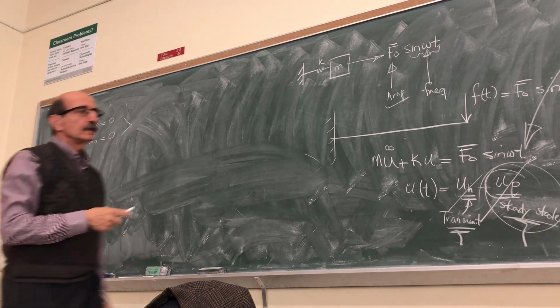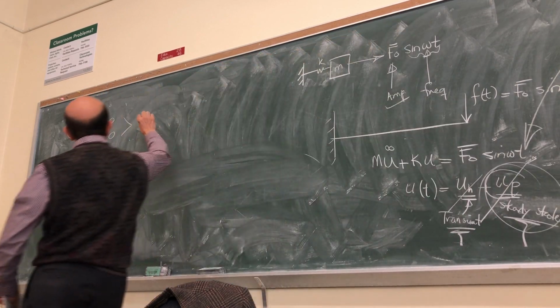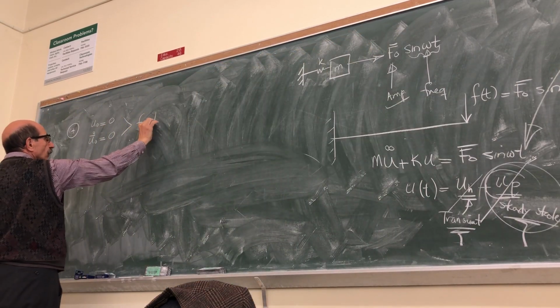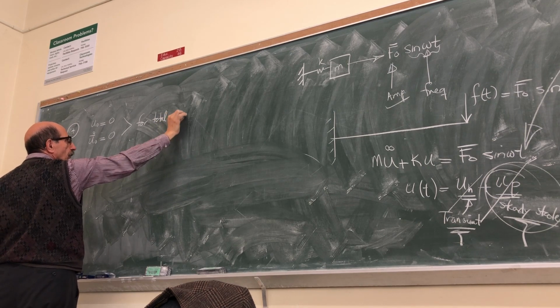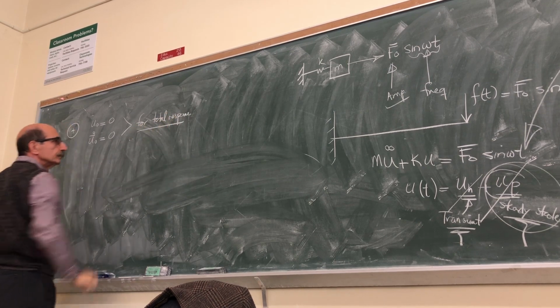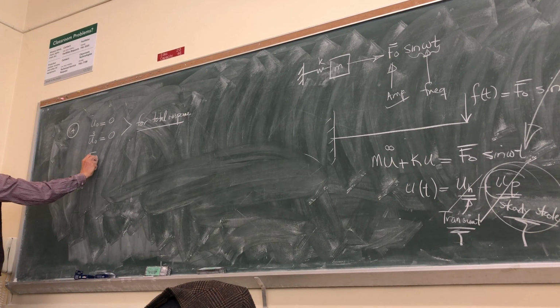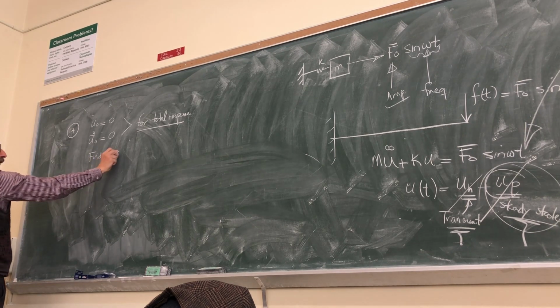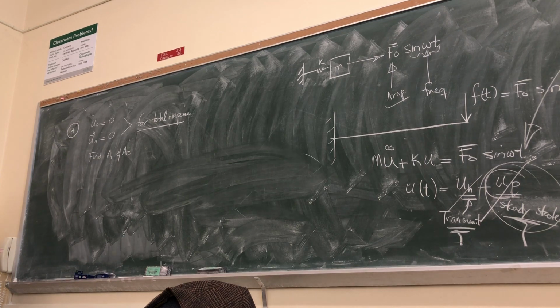In other words, let's say this is the total response, and you want to find A1 and A2. That's what basically you want.